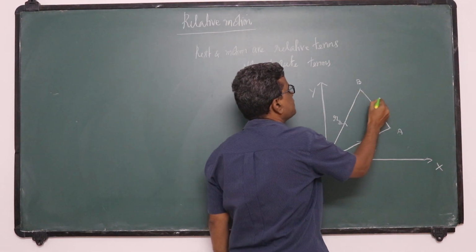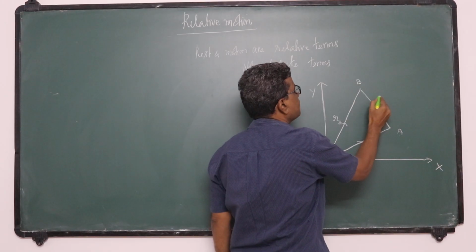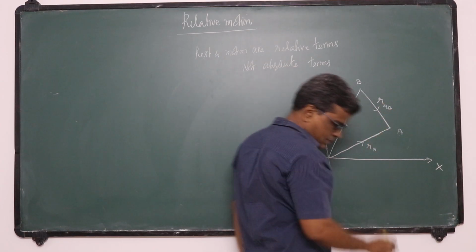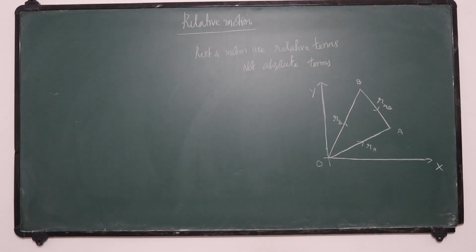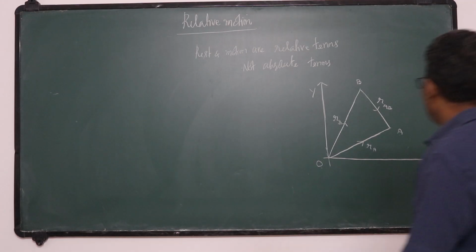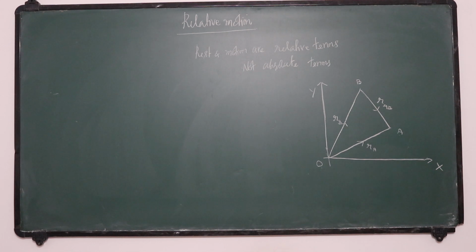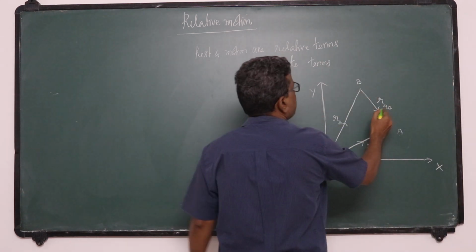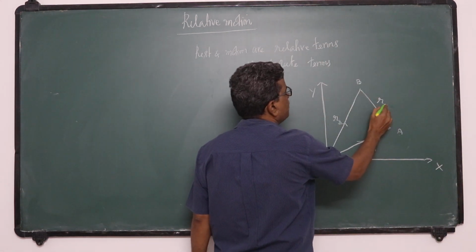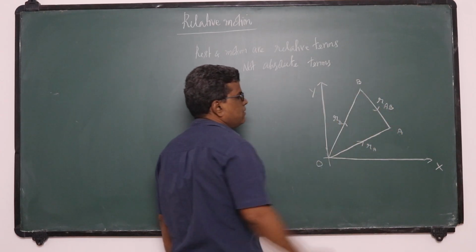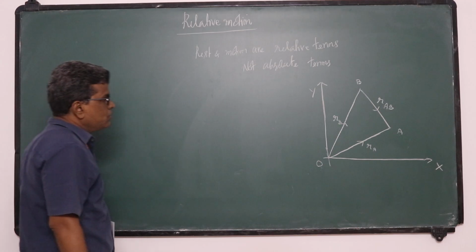That I will write it as position of A with respect to B, I consider as RAB. Okay, position of A with respect to B we consider as RAB. What is RAB? Position of A with respect to B.